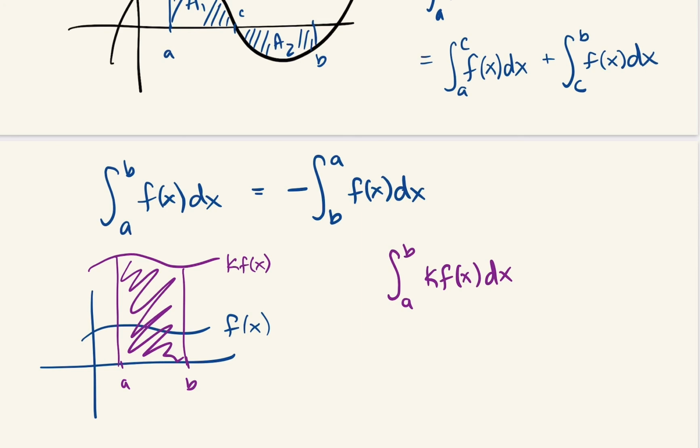What you can think about doing is taking that blue area and then multiplying it by k. So in this case, I don't know, k is maybe about 3, right? So we can see that blue area showing up here and here. Okay, so just like when we're taking derivatives, we can pull constants out in front when they're being multiplied. And that will also help simplify a few problems for you.